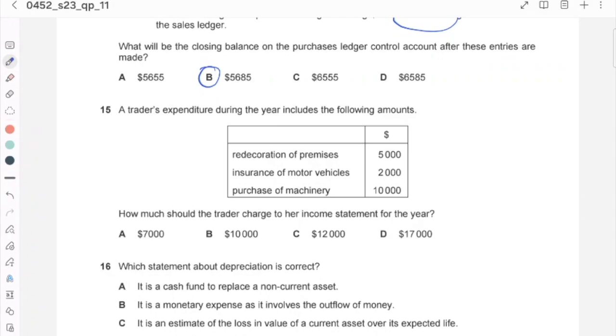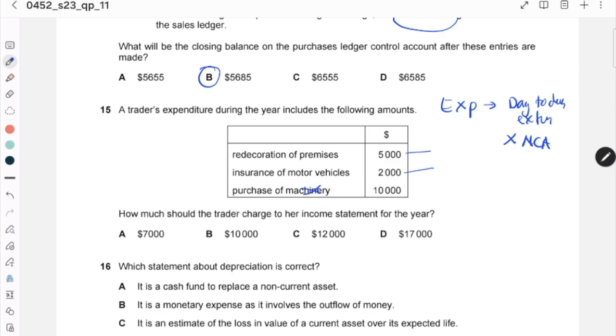Okay, expenditure is where we spend money for day-to-day activity, not for non-current assets. The ones for day-to-day activity are reconditioning premises and insurance of motor vehicle.